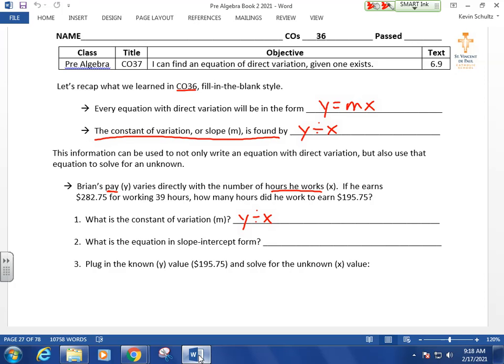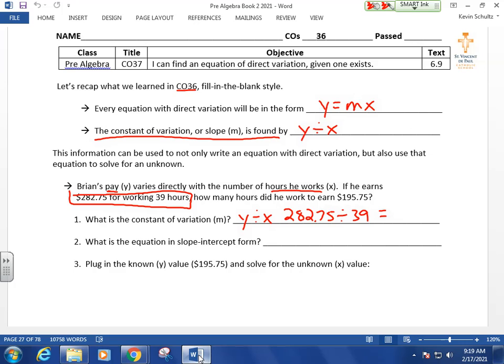So we know that he earns $282.75 for working 39 hours. That's given to us. So to find that slope, that constant of variation, we're going to be taking $282.75 divided by 39. All right? The y value divided by the x.